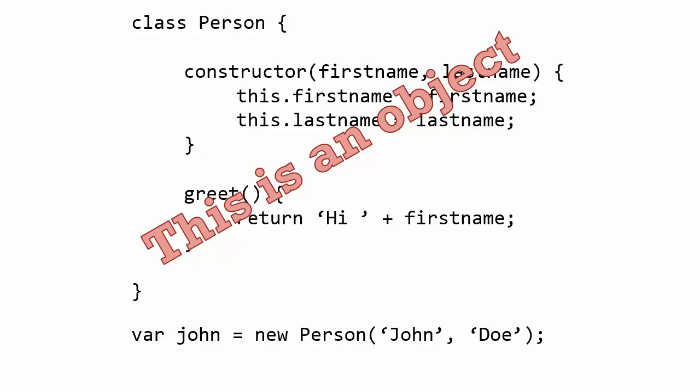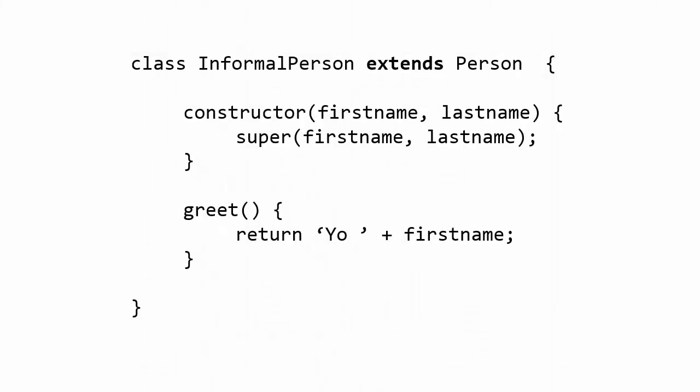Oh, by the way, how do you set the prototype then? Well, that's another new keyword. Let's say that I was creating an informal person, where person is my prototype. I simply use the keyword extends, and that sets the prototype for any of my objects created with this class.